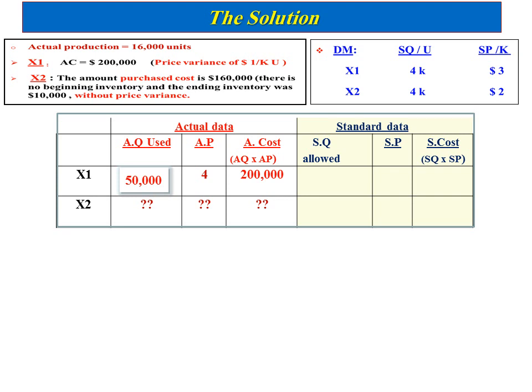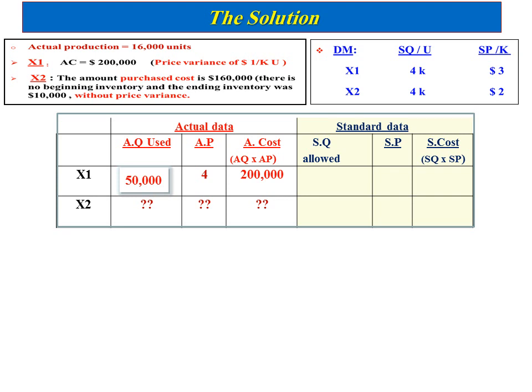This is for X1. I will repeat for X2. I need actual cost, actual price, and actual quantity used. You have to calculate at least two of them, and the third will be complementary.